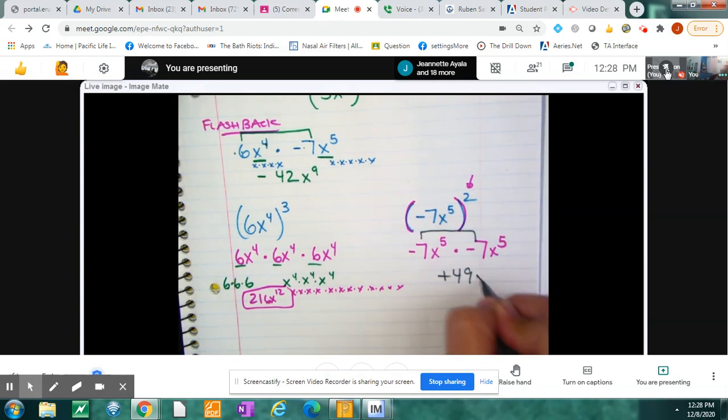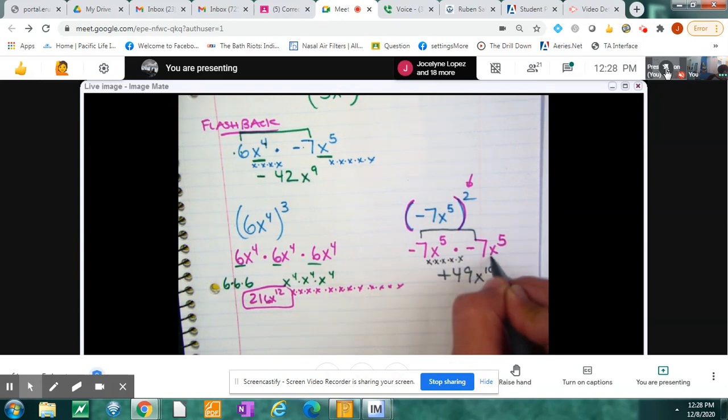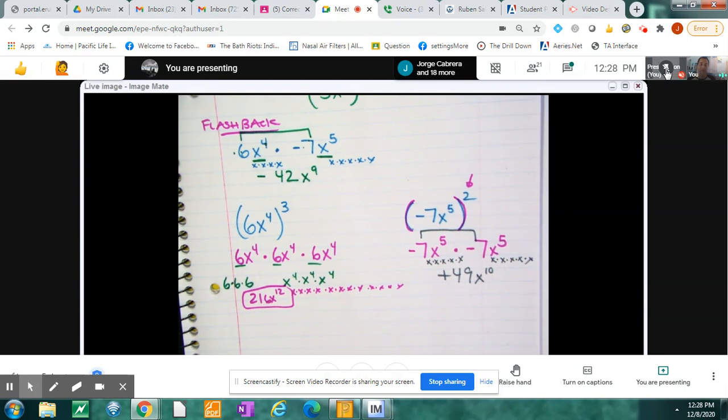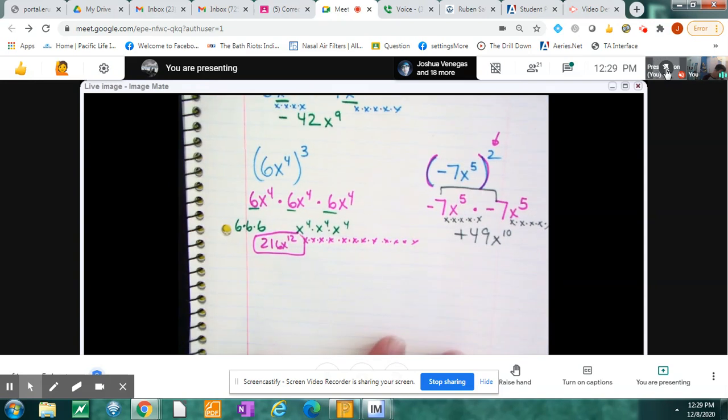There are 10. If we break it down, x times x times x times x times x, x times x times x times x times x, that is 10 x's. So we write x to the power of 10. Do you guys get that? Pretty good. All right, next one.